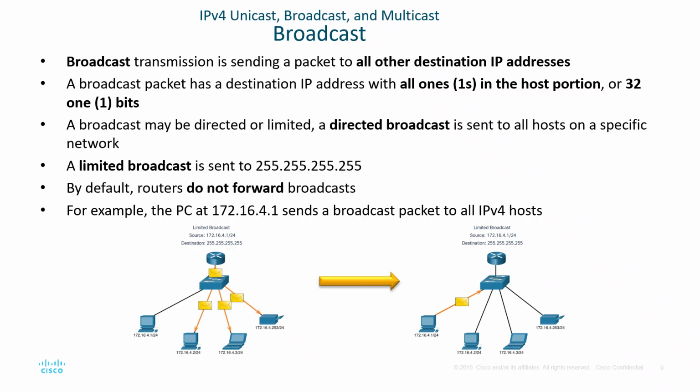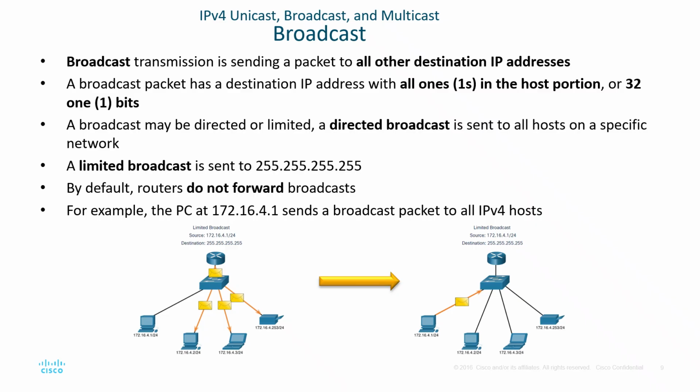So, as you saw in the previous slide, if I were going to send a broadcast to that one particular network of 192.168.10.0, it would go out as a 192.168.10.255. If I'm going to send it out to my entire network, it would be 255.255.255.255, which would go out to everyone.